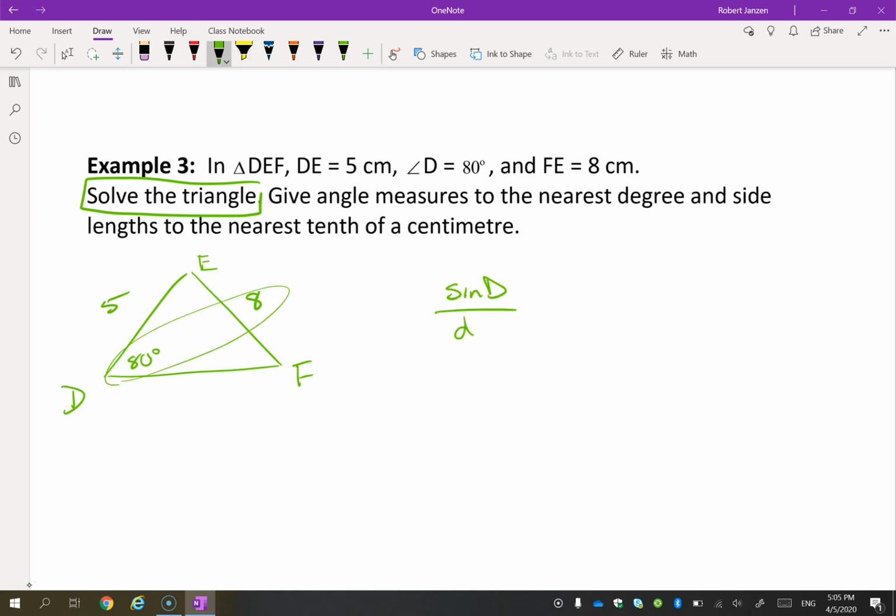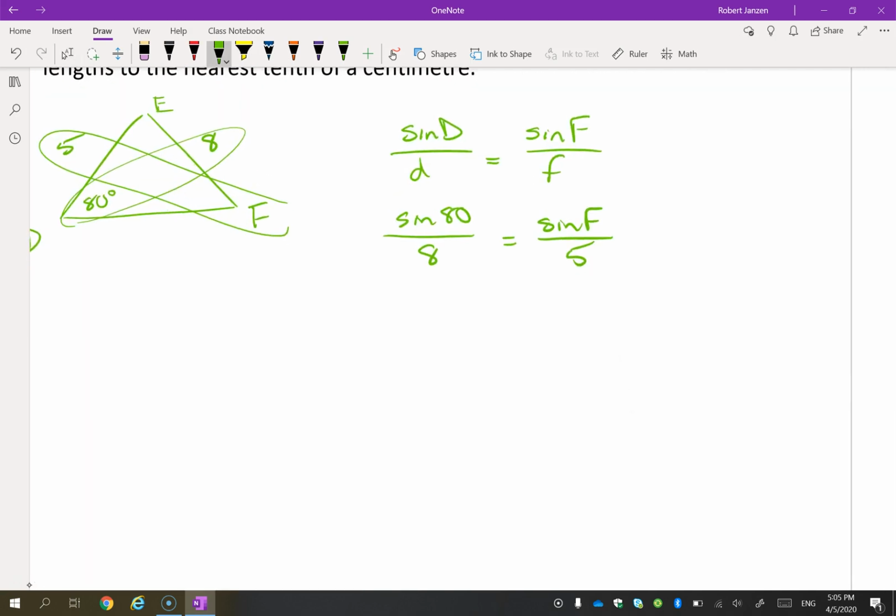Sine of D over D, and let's use what else we have. Sine of F over F. So sine of 80 over 8 is sine of F over 5. Cross multiply. Sine 80 times 5 equals 8 times sine of F. So sine of F is sine 80 times 5 divided by 8. Let's try that.